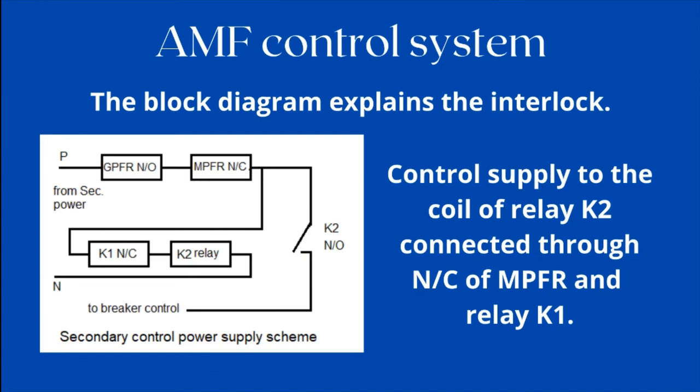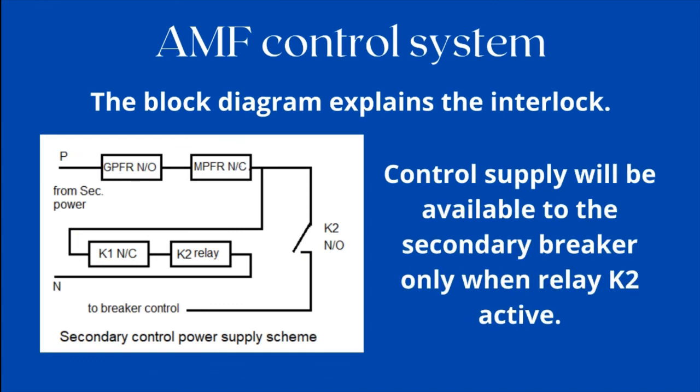Control supply to the coil of relay K2 is connected through normally close contacts of MPFR and relay K1. Control supply will be available to the secondary breaker only when relay K2 is active.